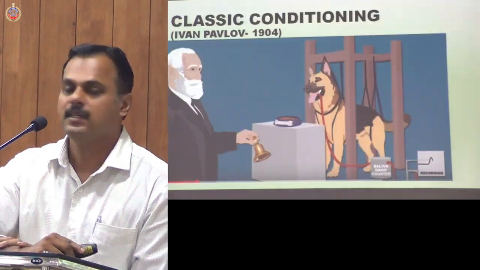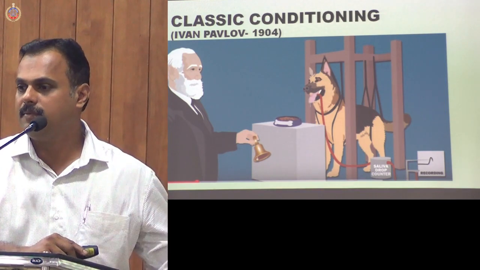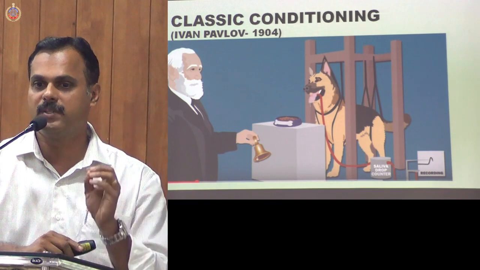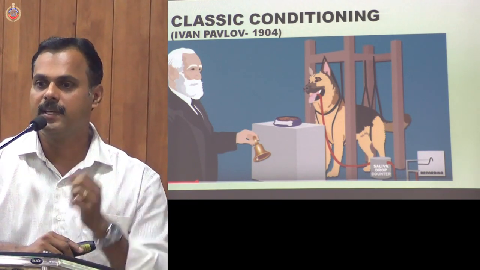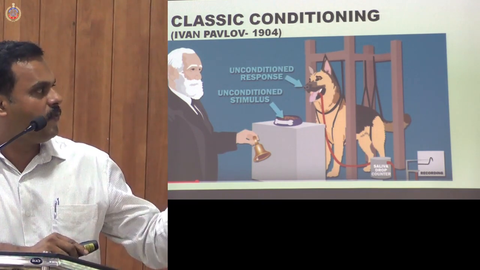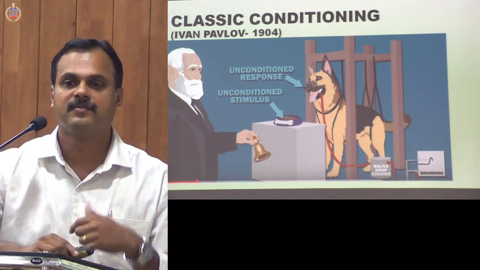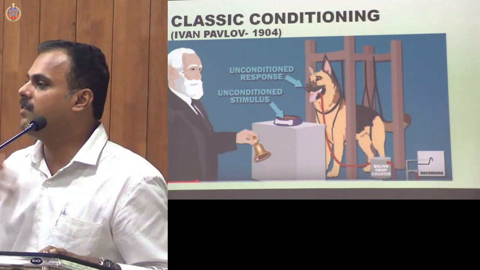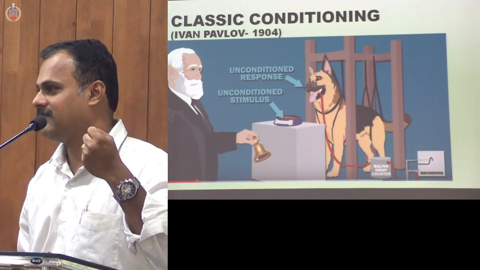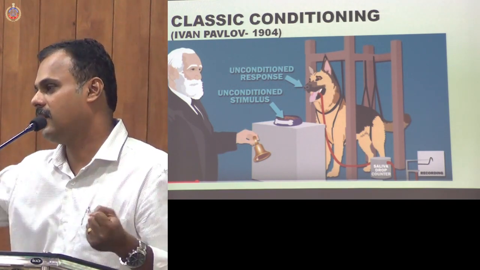What he did was take a bell, food and a dog. Every time food came in front of the dog, he would ring a bell. Whenever the food is there, the dog shows salivation. On seeing food, salivation starts, and at that time the bell is also rung. So we have three things: the bell, food and the dog.